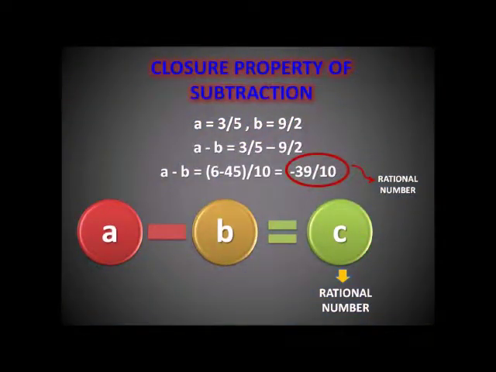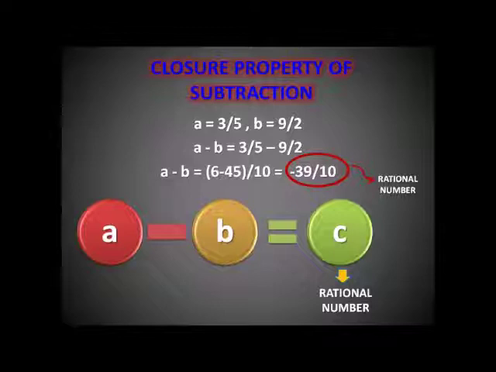Similarly, let's look at the closure property of subtraction. Let's take two rational numbers a and b, where a is equal to 3 by 5 and b is equal to 9 by 2. If you calculate the difference between the two, that is a minus b, you get 3 by 5 minus 9 by 2, which is equal to (6 minus 45) by 10, and which gives minus 39 by 10.